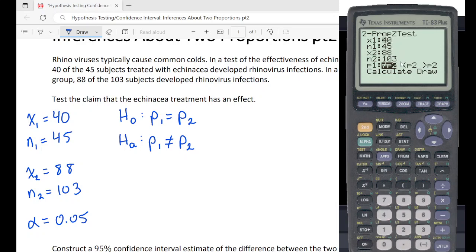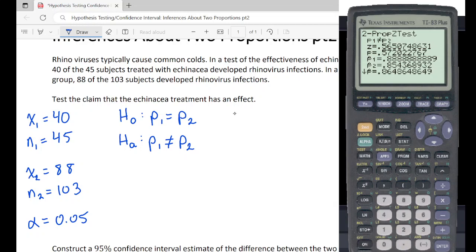And then we go to our alternate hypothesis, the not equal to, to decide which of these three to use. And since it's not equal to, we keep it as not equal to. And then go down to Calculate, hit enter, and we're going to get all our information, but the only ones we really need are Z, our test statistic, and P, which is 0.5720.